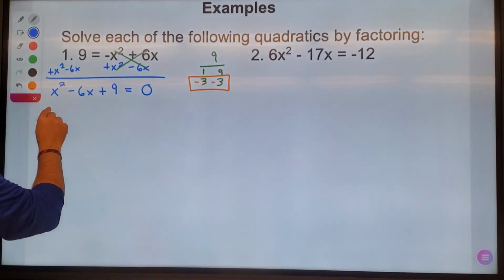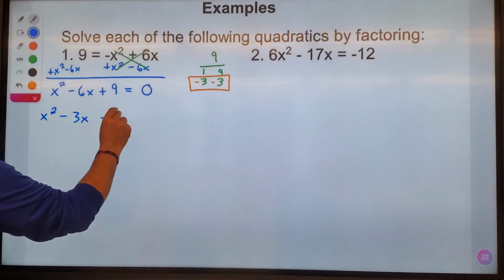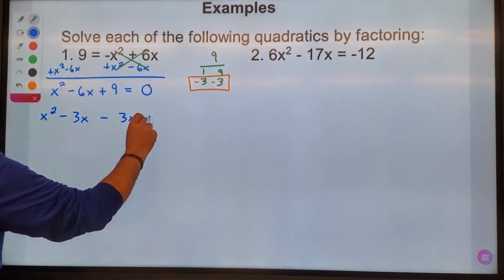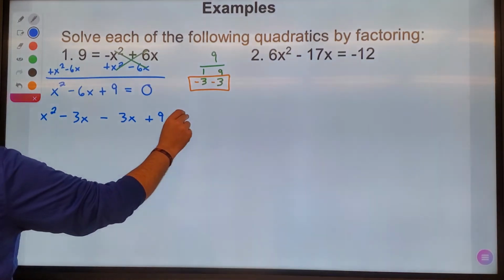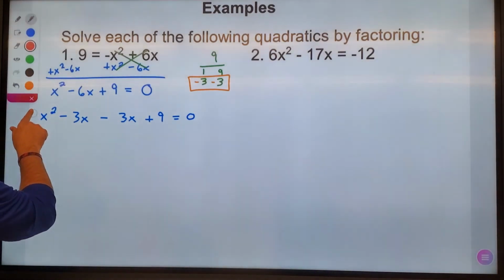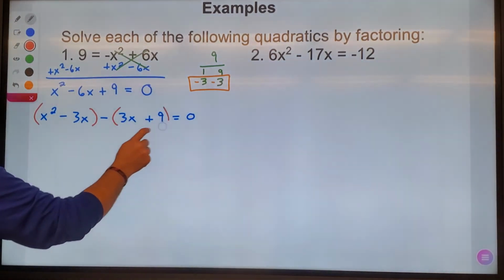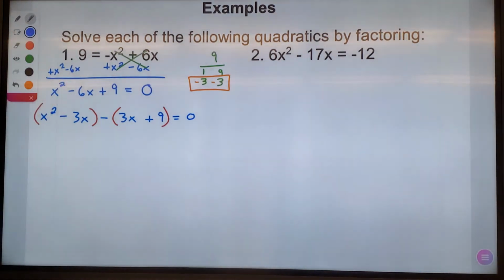So then I rewrite. Again, then paying attention to this left-hand side, group. These 2 have what in common?